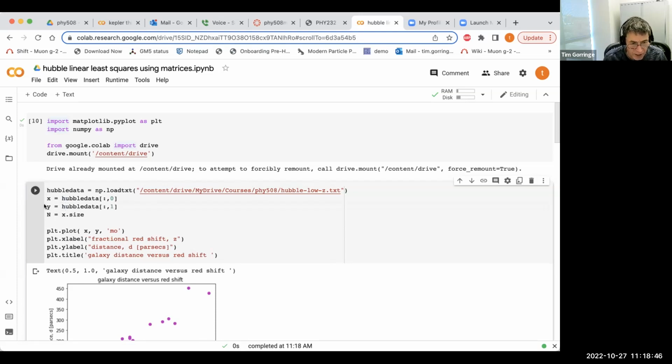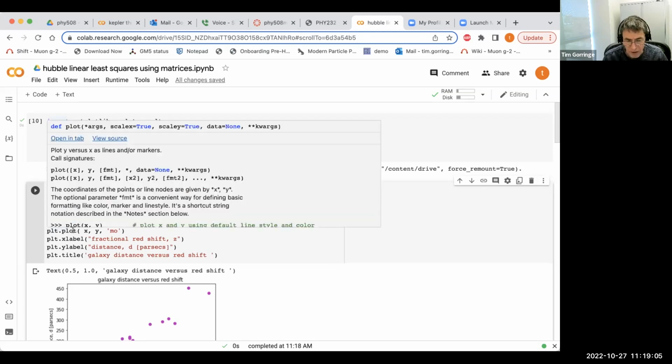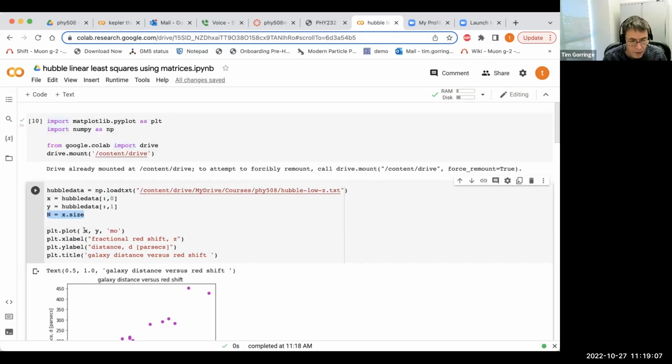So those are my X and Y, my independent and dependent variables. I also want to know the size of the data set, the number of galaxies that I have. And so I just grab the size of either the dependent or the independent variable. And then finally, I just want to check the data, so I'm just plotting the data here.